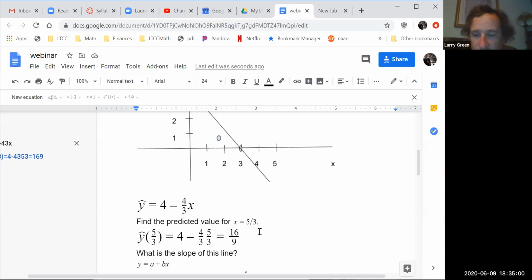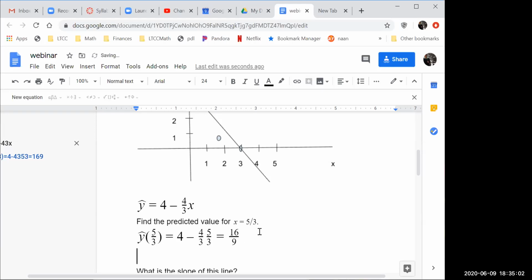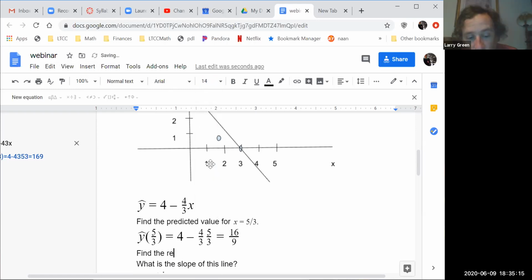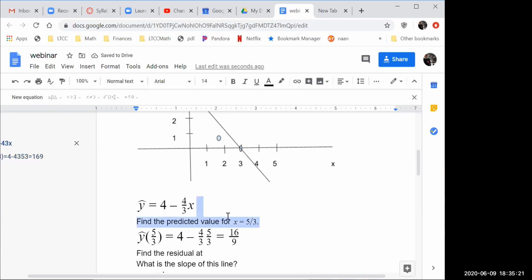Okay, now what I want to do is we're going to find the residual at x equals 5/3.